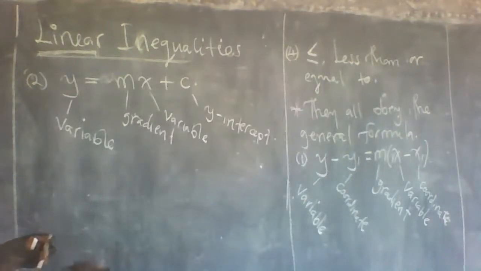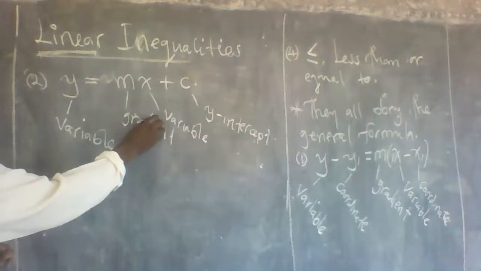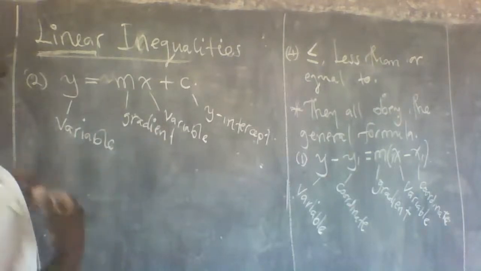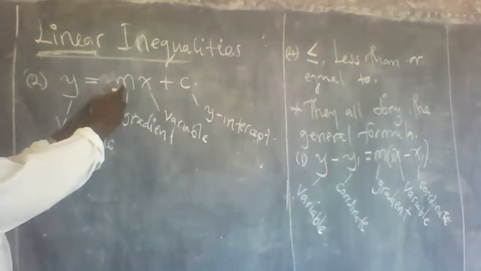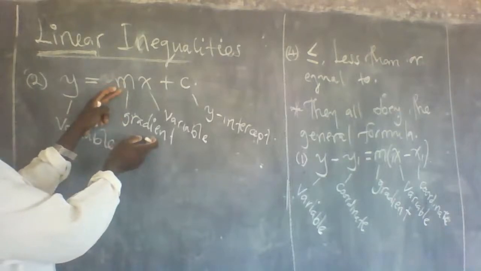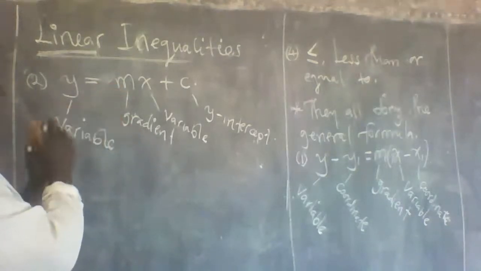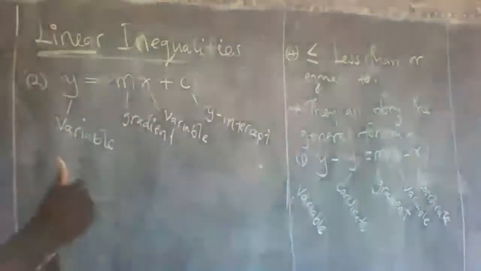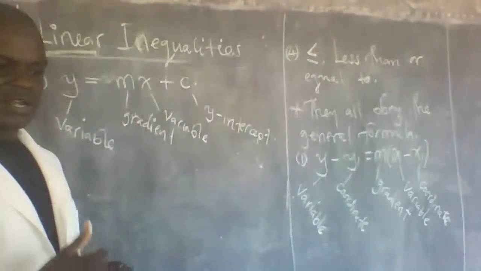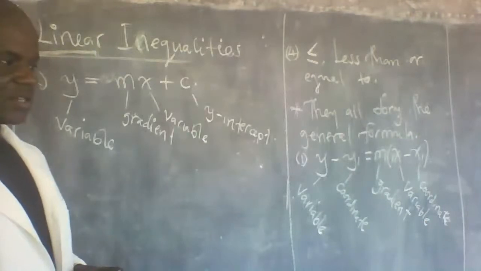When and where, that is not what you should worry about for now, because I will give you every information that you need to have. Because the m, which is the gradient, is appearing in both the first general formula as well as the second one, therefore it becomes important for us to understand how to deal with the gradient.